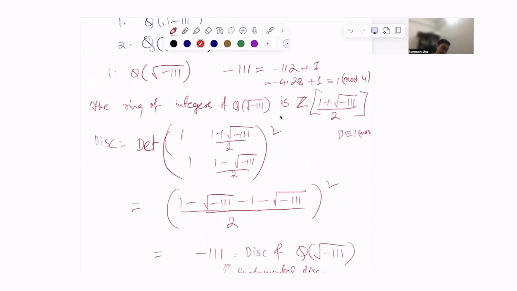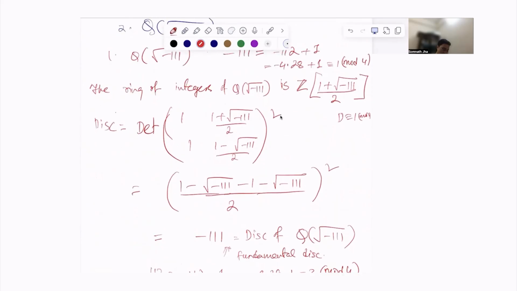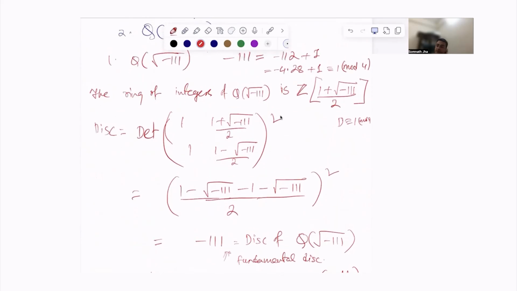So it's simply minus 11. It's a simple calculation. So minus 11 is a fundamental discriminant, and this is the discriminant of the number field, and it is also the discriminant of the ring of integers. We anyway know if D is congruent to 1 mod 4, then the discriminant is D basically, but this formula is derived using this. So I just worked out the detail.